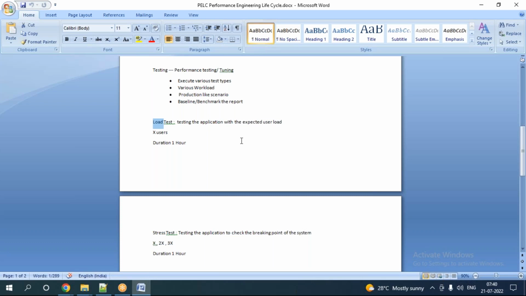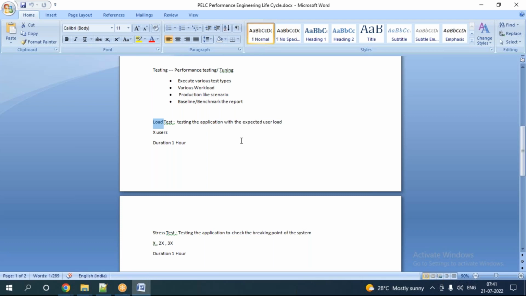You can filter the log and understand your concurrent users, your throughput, transactions per second. All those things you can easily understand.